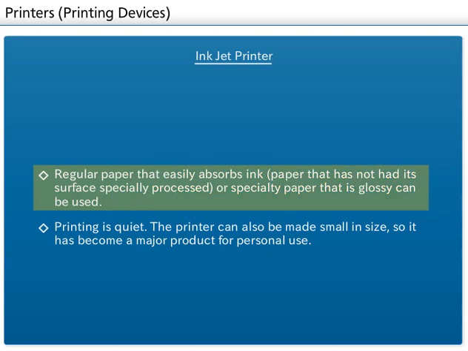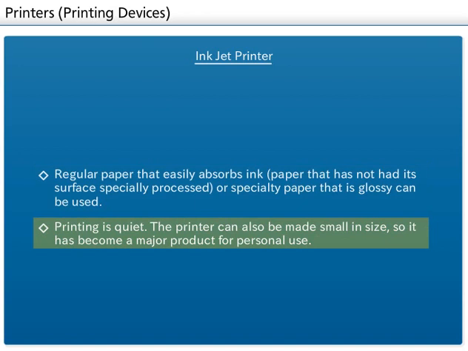Regular paper that easily absorbs ink, paper that has not had its surface specially processed, or specialty paper that is glossy can be used. Printing is quiet. The printer can also be made small in size, so it has become a major product for personal use.